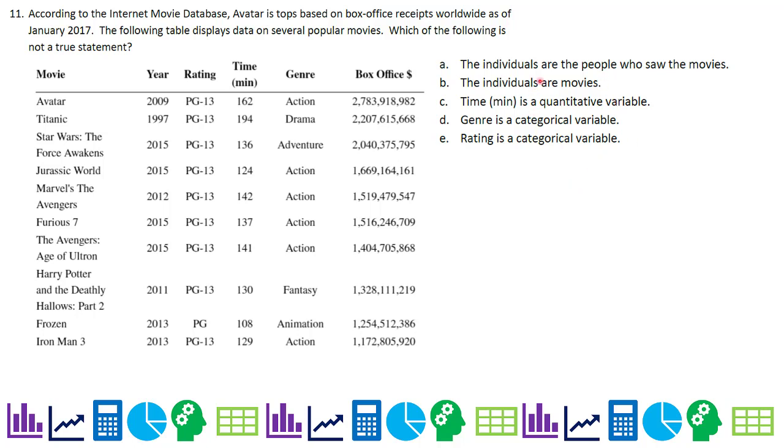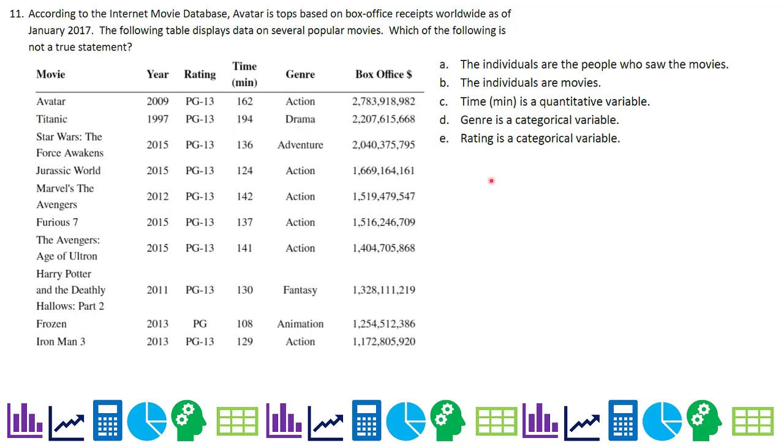All right, so the individuals are the people who saw the movies. Well, is an individual a dollar amount? I don't think so. The way this data is presented, this is one record. This is another record. So this represents one individual, and this represents another individual.